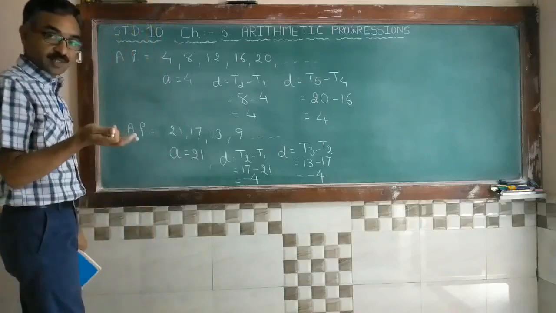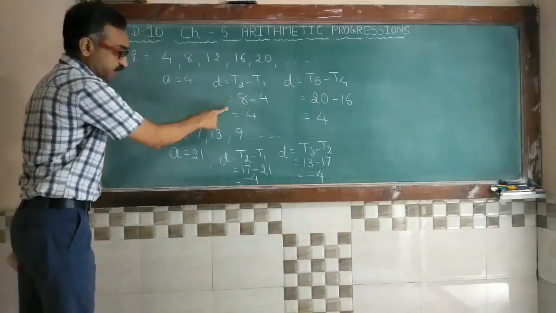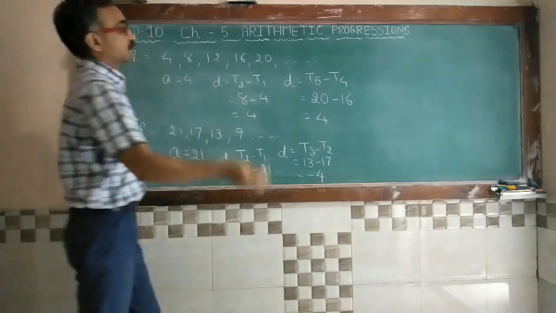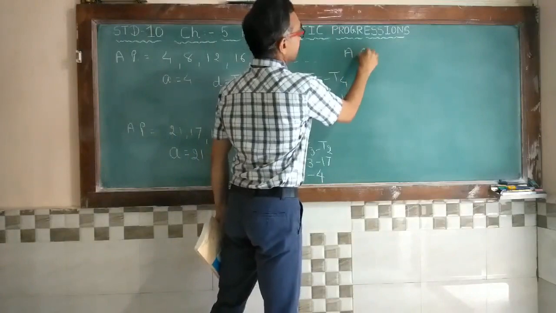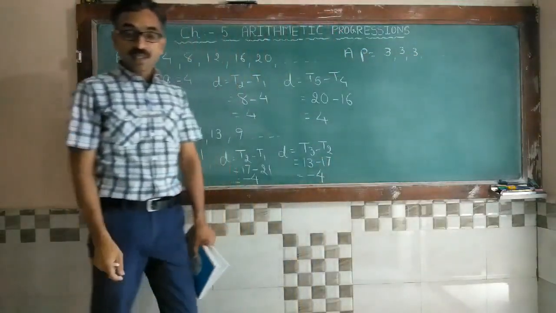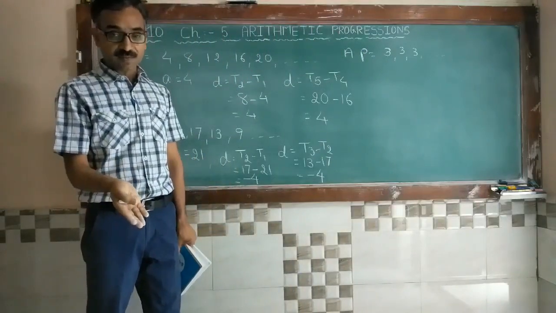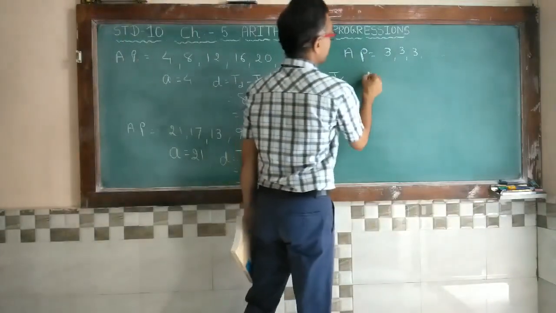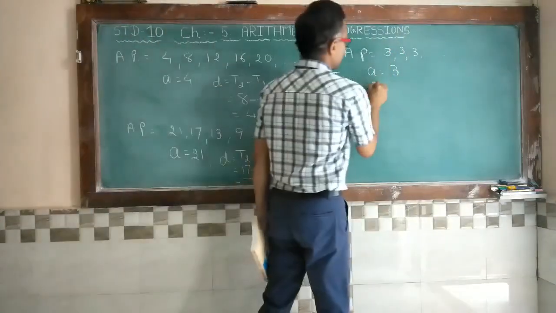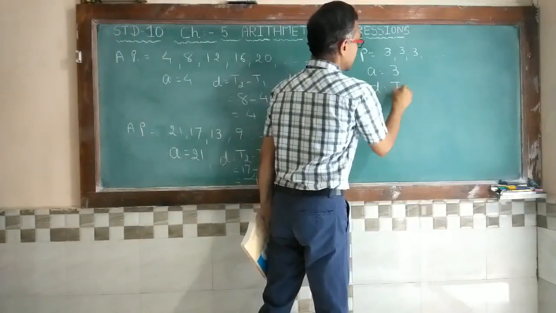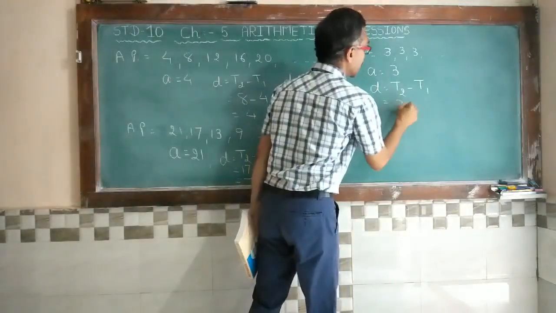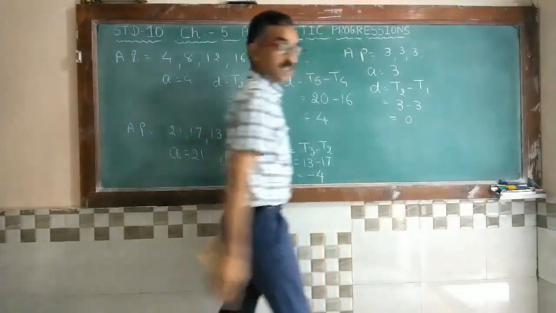So in an arithmetic progression the common difference may be a positive number, a negative number, or it may be 0. Suppose your AP is 3, 3, 3, 3. That is also an arithmetic progression, because see, your first term is 3, common difference T2 minus T1, here 3 minus 3, that is 0.